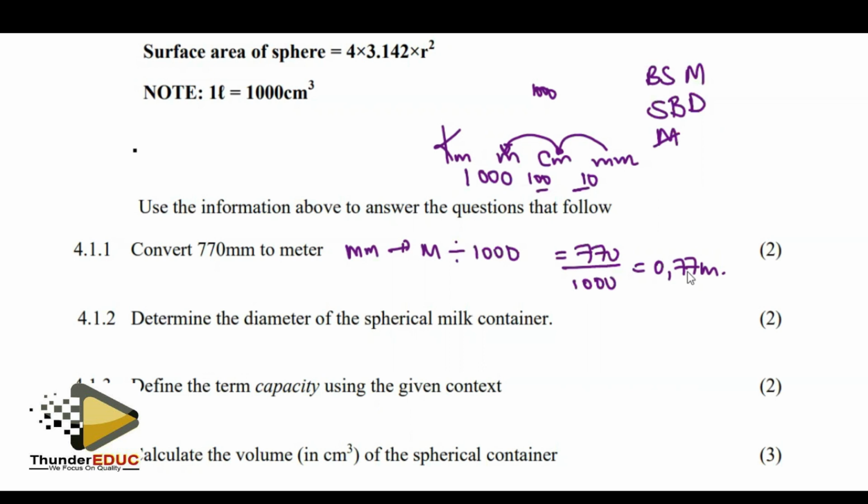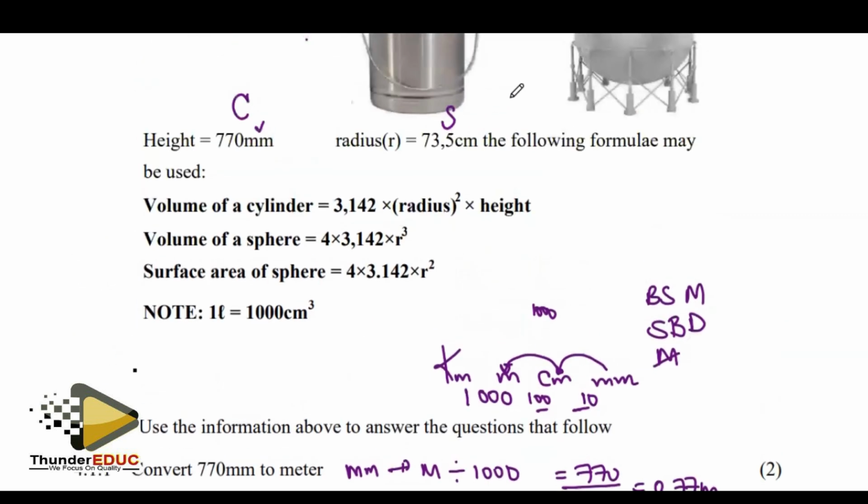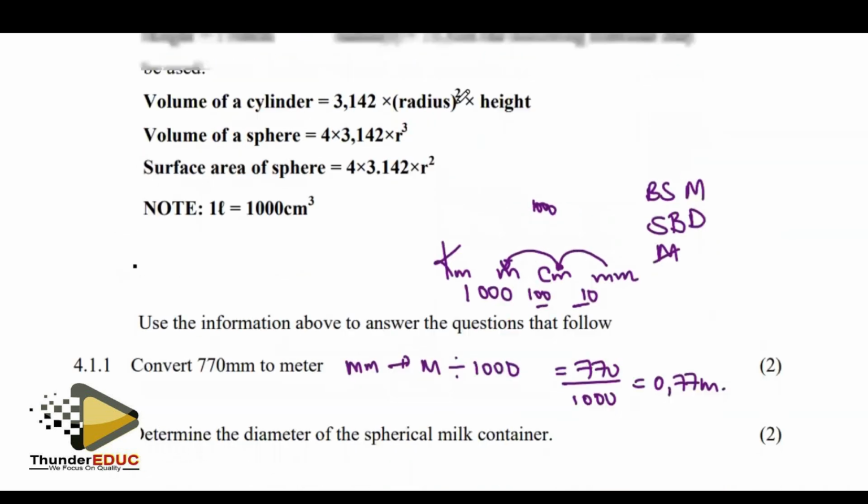All right. Determine the diameter of a spherical milk container. As I showed you up here, the radius is for sphere and the height is for the cylinder.